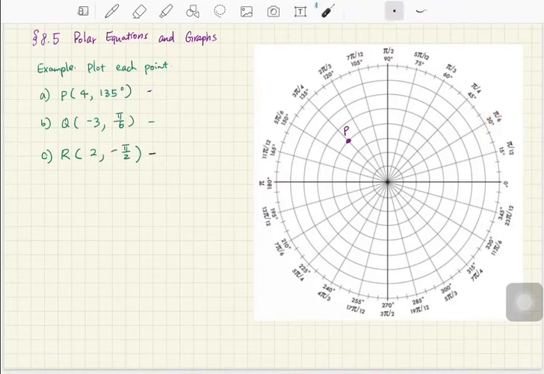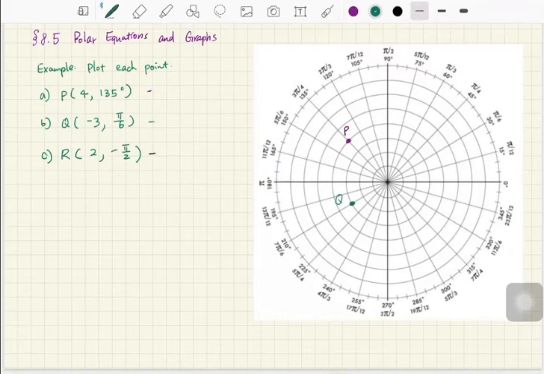And then we know 3, that means I'm just going to go 1, 2, 3. However, since this is -3, along the pi over 6, we're going to go to the other direction by 3 units. So 1, 2, 3. So this is the Q point.